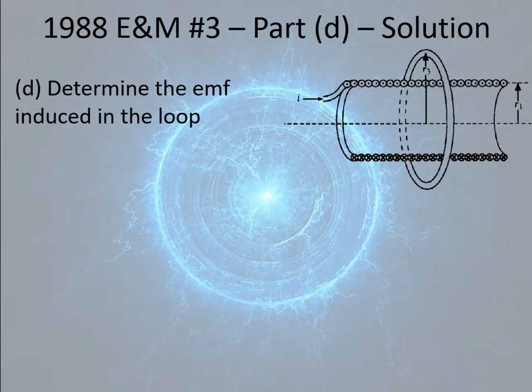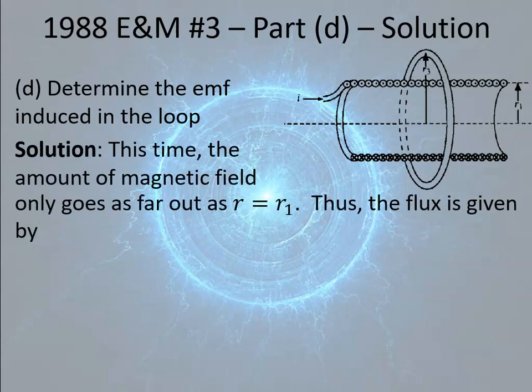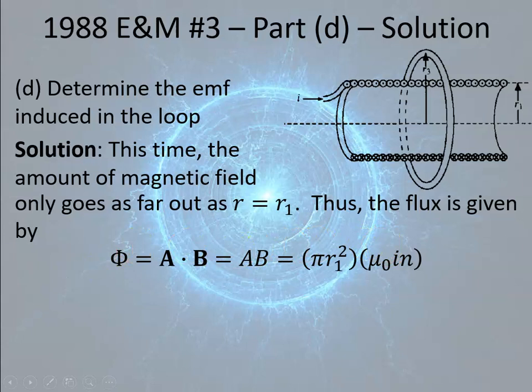So for the EMF induced in the loop, the flux only goes out to R1. That's all we care about here; it has nothing to do with R3. The area through which the magnetic field exists is just the area of the solenoid, which is pi r1 squared. So that's the magnetic flux expression.